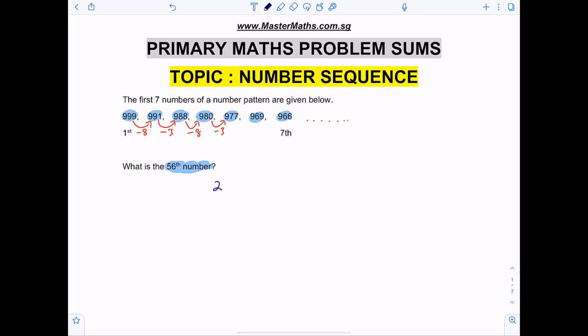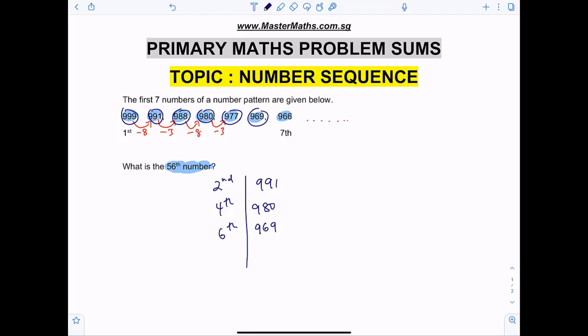For example, the second number is 991, the fourth number is 980, the sixth number, first, second, third, fourth, fifth, sixth, is 969. So as you can see, we are reducing by 11: minus 11, minus 11, and so on. So the 8th number, we expect to be 969 minus 11, that will be 958, and so on until we reach the 56th number.